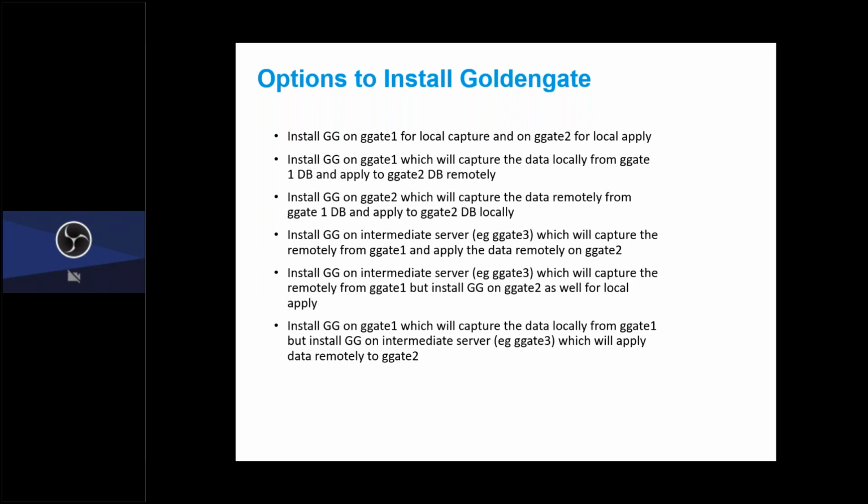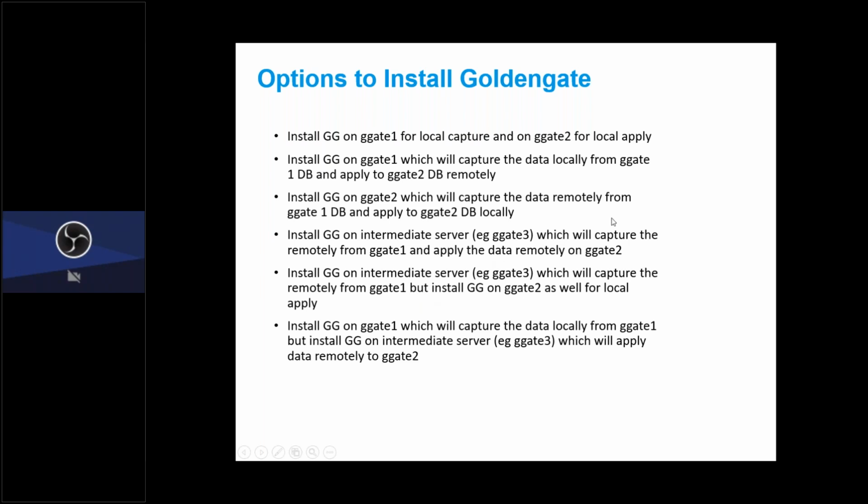The fourth option is to install Goldengate on an intermediate server, for example G-Gate3, which will capture the data remotely from G-Gate1 and apply the data remotely on G-Gate2. So in the first option, it is local capture, local apply. In the second option, it is local capture, remote apply. In the third option, it's remote capture, local apply.